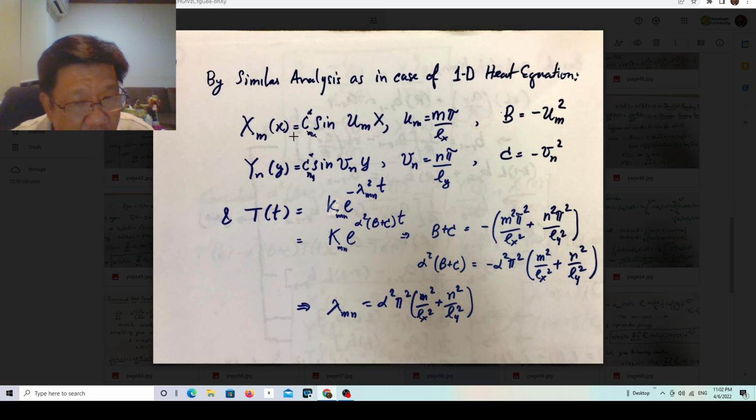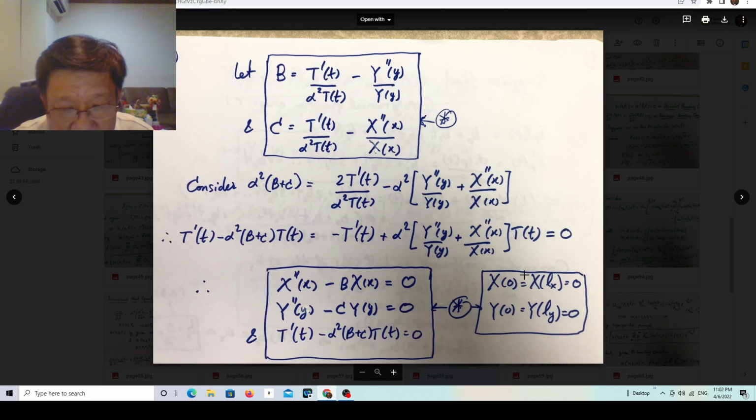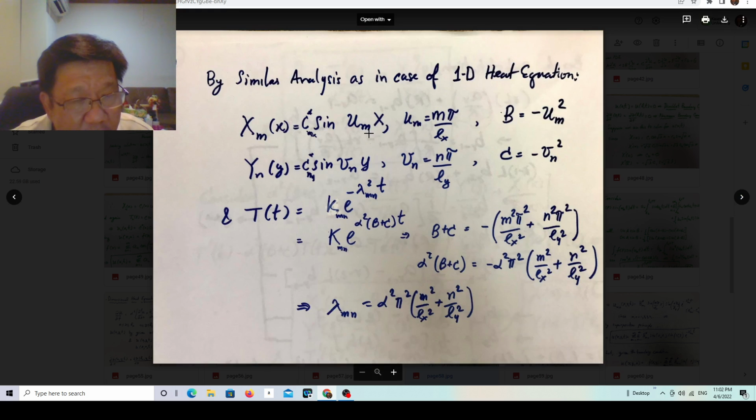The X function and Y function is a constant times sine of some specific parameter we call mu sub x, and mu has to be in the form m pi divided by L. Why? Because of the boundary condition: X of Lx has to be equal to 0, and X of Lx becomes 0 only when mu_m is m pi divided by Lx.